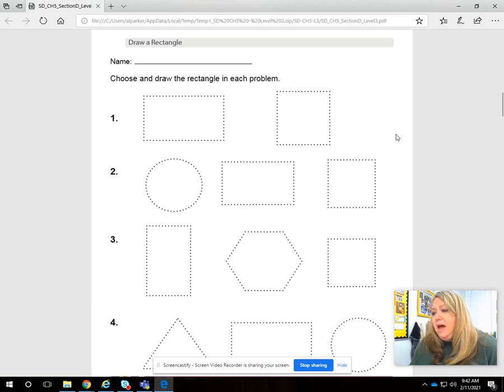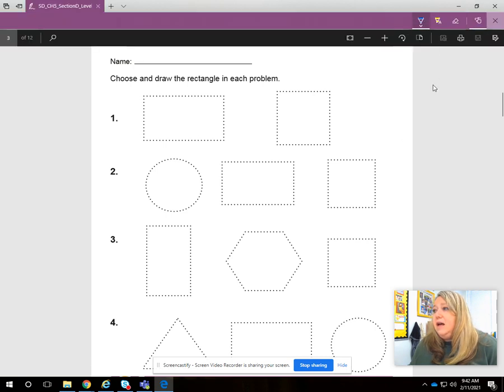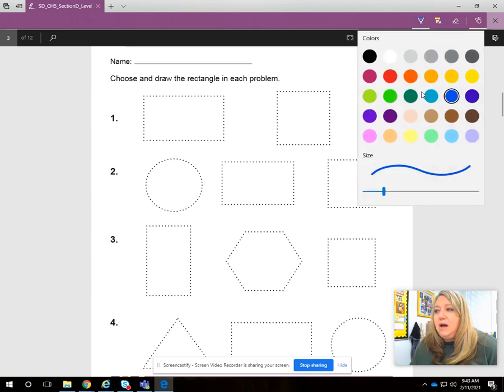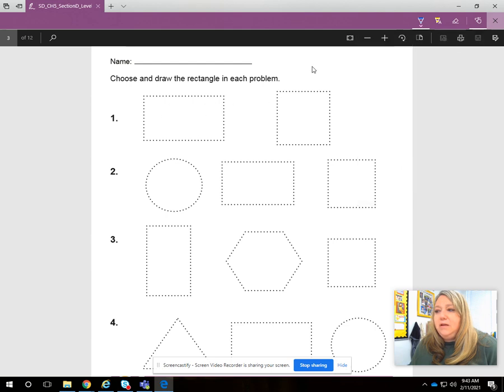You are going to first identify a rectangle on the worksheet, and then you're going to draw it. And it will be pretty easy to do because they already have given you a template to follow.